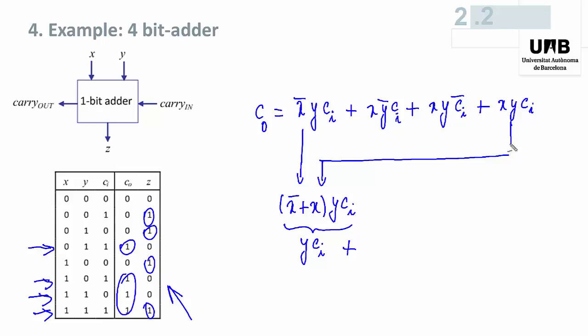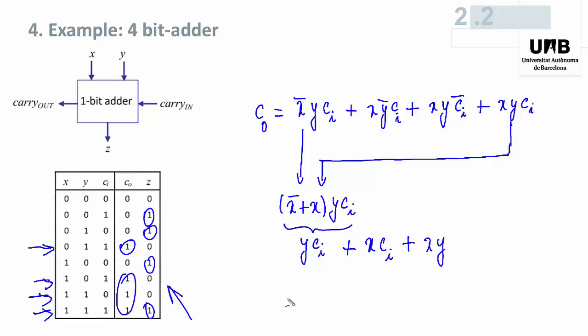Don't forget that as the sum operation is idempotent, you can add X Y Ci as many times as you want, so that finally the simplified expression is Y Ci plus X Ci plus X Y.